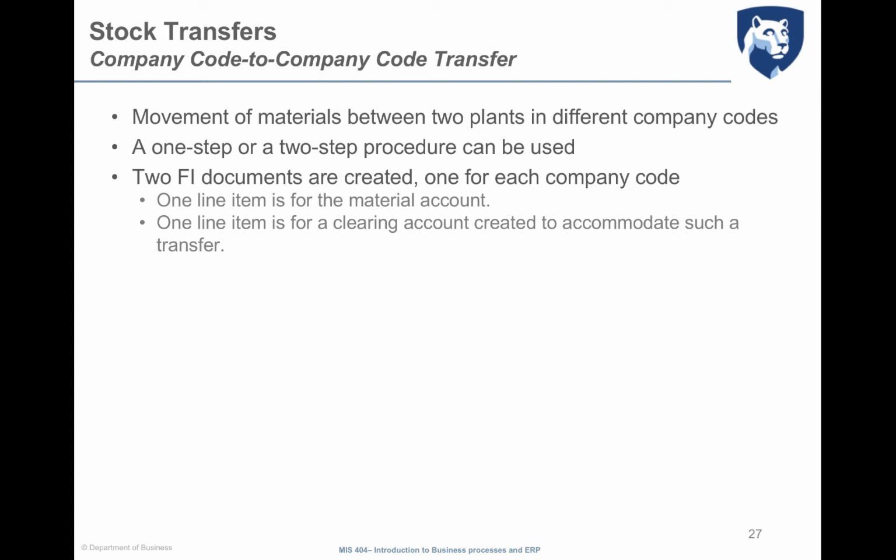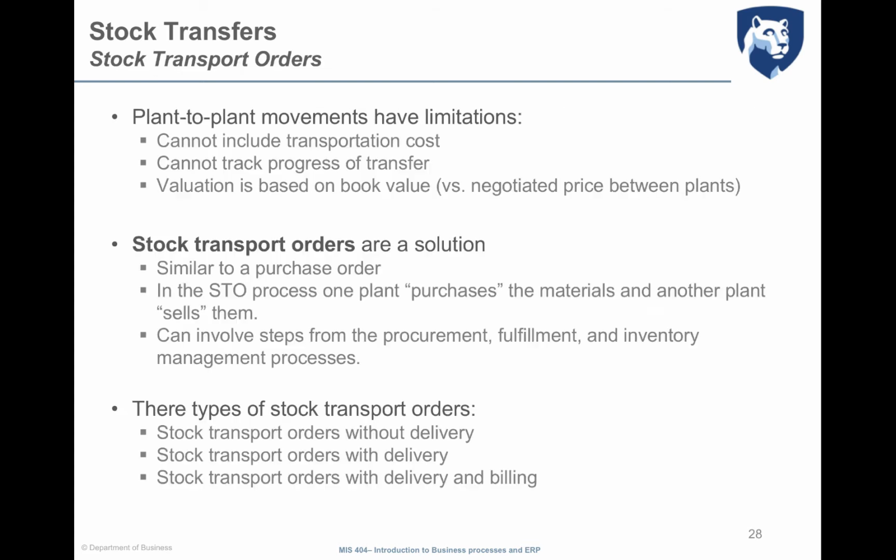In particular, one line item is for the material account, and the other, which is named offsetting, is for the clearing account created to accommodate such transfer. This is something that we already discussed when we dealt with accounting in production and so on.